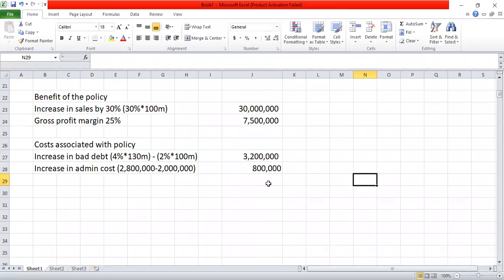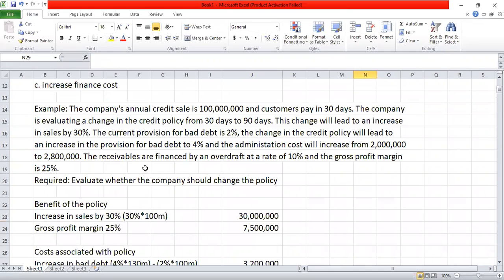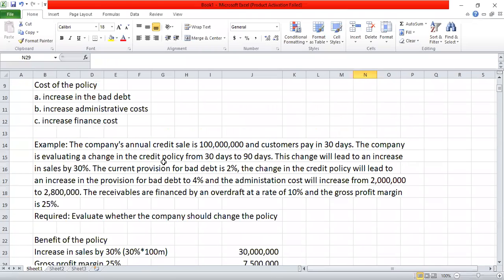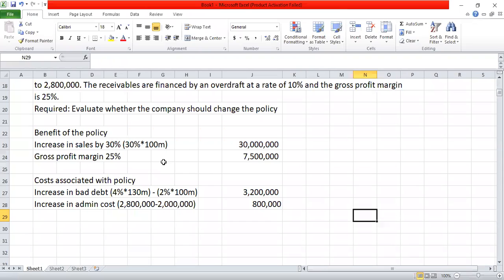Another one is that your receivables is increasing, so you may have an increase in finance cost. Increase in finance cost, which I'm going to make working number one.